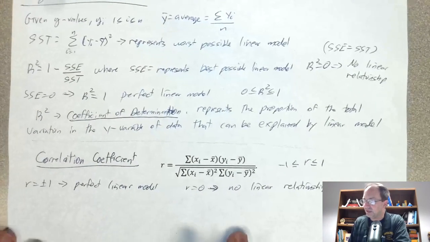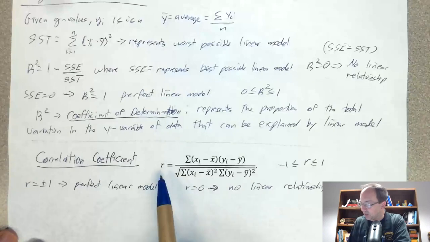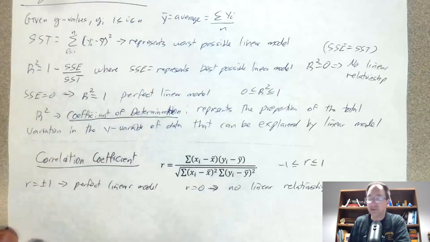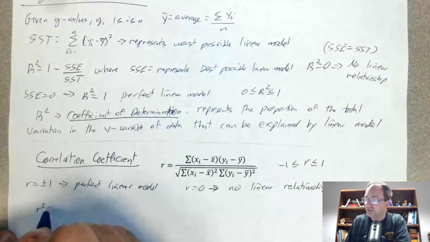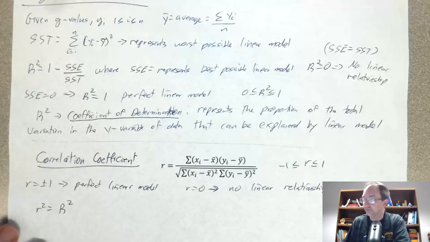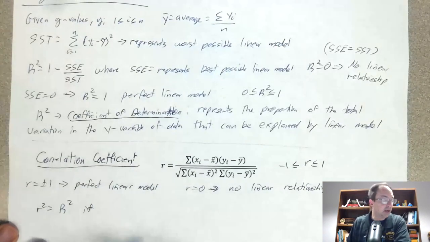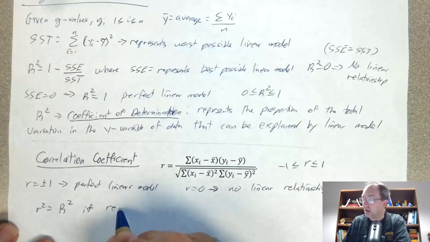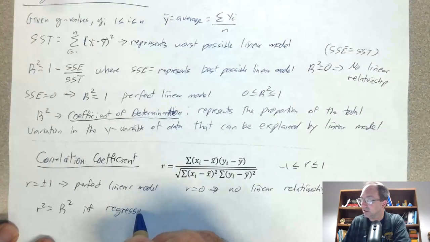But the interesting thing, in terms of why we use little r here and capital R here, is that there's actually a relationship. Little r squared is actually equal to capital R squared, and that's true as long as the regression model minimizes SSE.